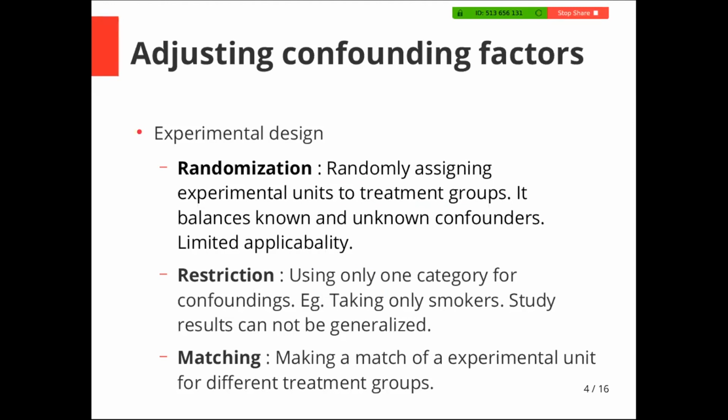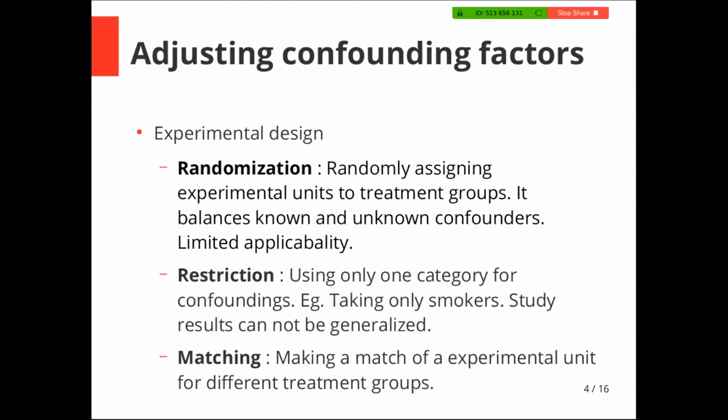For example, randomization. We try to randomize our experimental subjects and put them into smoking and non-smoking groups. But the problem with this is that it has very limited applicability.